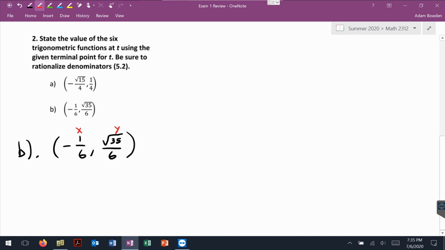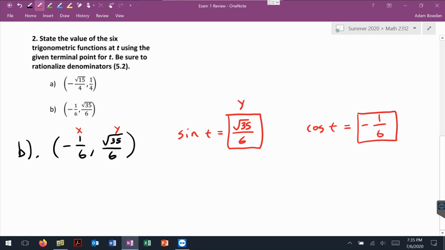So first off, the sine of t is equal to the y coordinate, so that would be square root 35 over 6. The cosine of t is equal to the x coordinate, so that would be negative 1 over 6.